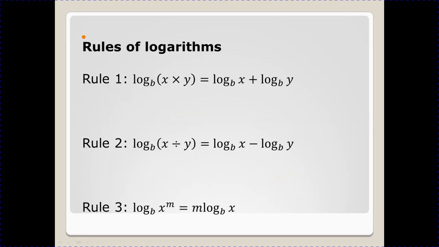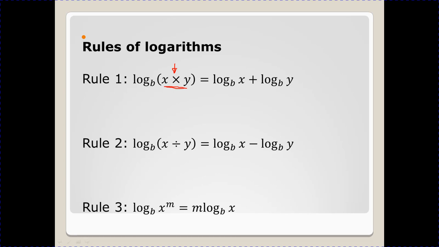Let's go back and study the important rules of logarithm, and see how important these rules are in solving many problems in mathematics. The first rule: if you have inside the logarithm a product of two numbers or two variables, so if you have log xy at the base of b, this is multiplication.